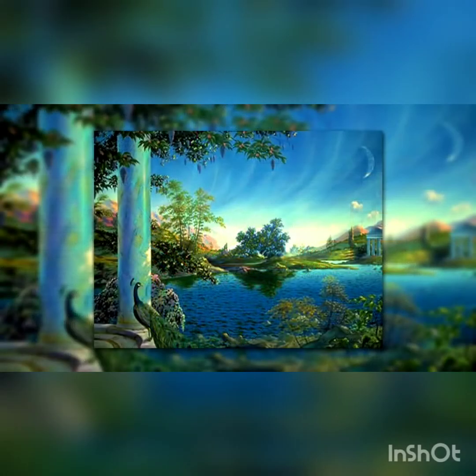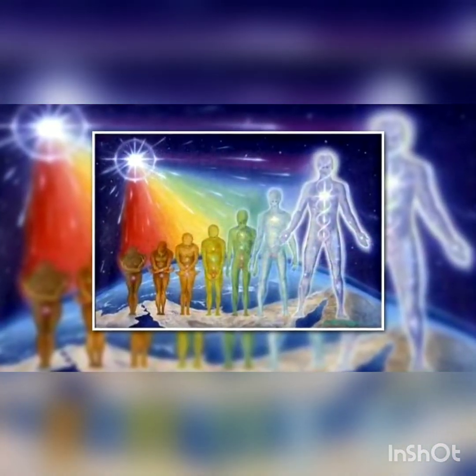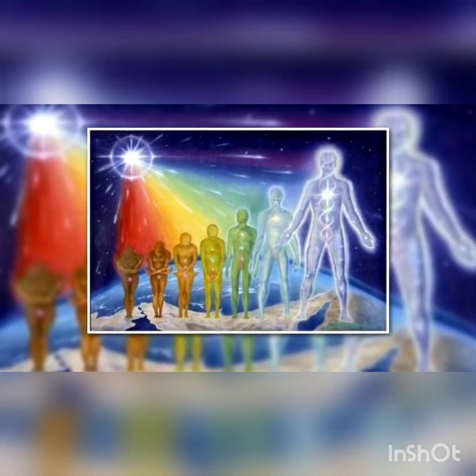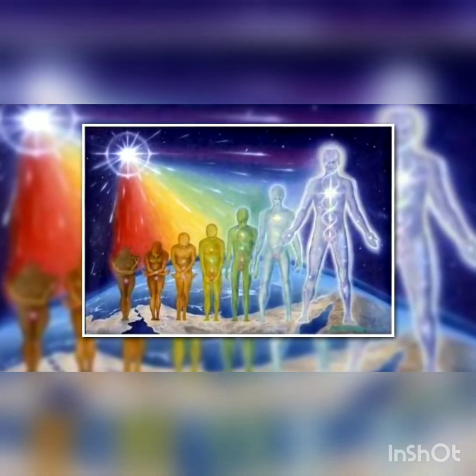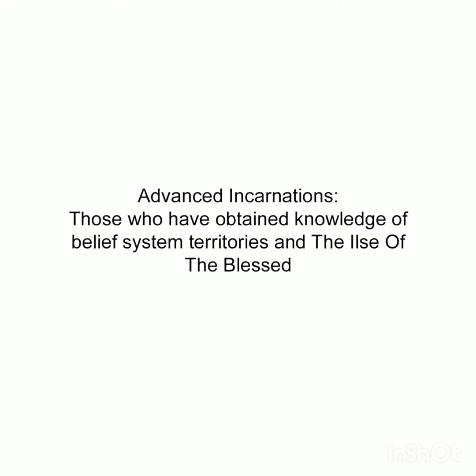They can choose to stay focused in asylum or be taken to the Isle of the Blessed to reincarnate as their final incarnation to spread the message about the Isle. Ones who learn knowledge of the Isle from final incarnations become advanced incarnations.